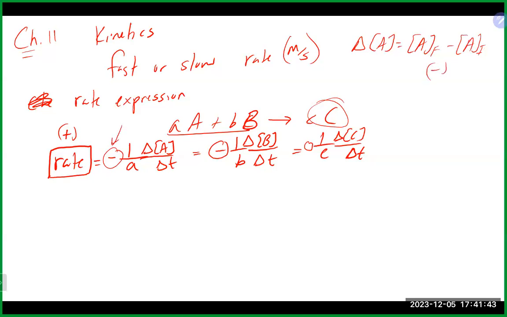And the negative that we put here in front for our reactants will turn our rate into a positive number, which is what we're looking for. On the product side, we don't need the negative, because when we do the change of our product and we take our final minus our initial, our final should be more than what we started with, which would yield us a positive number, and thus positive and positive will give us a positive rate.